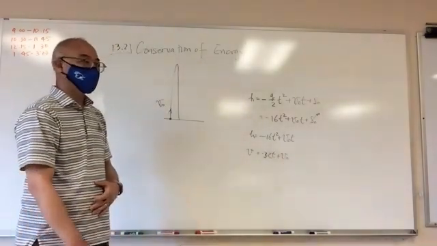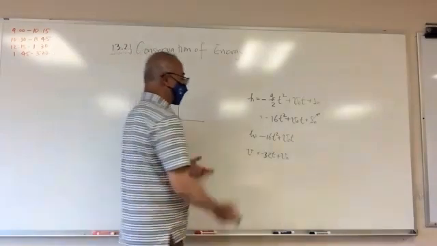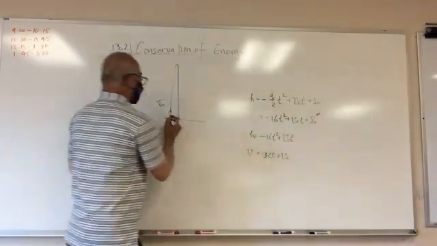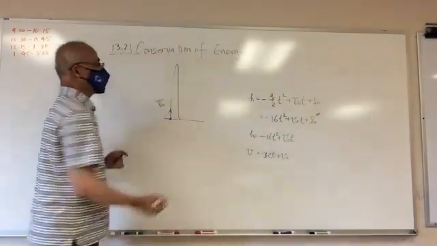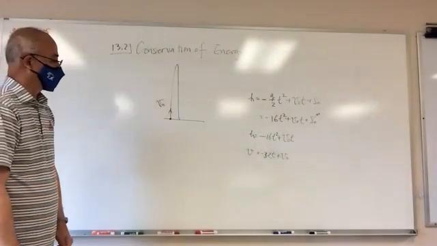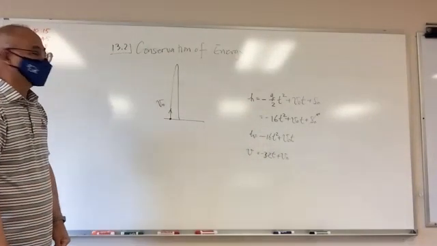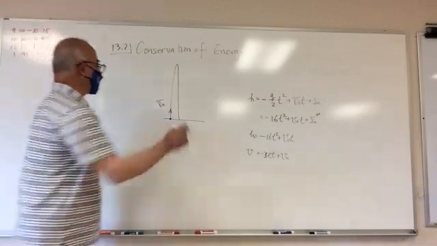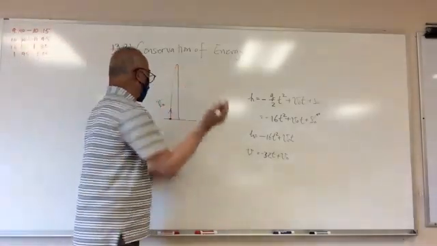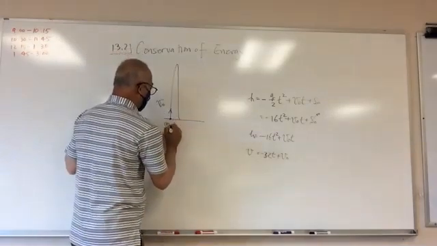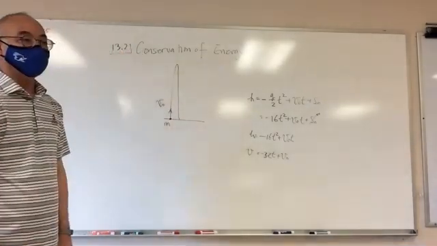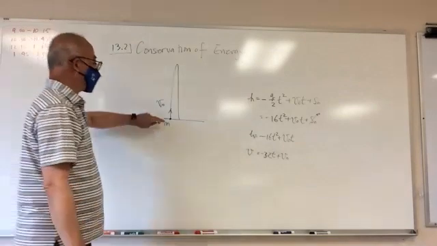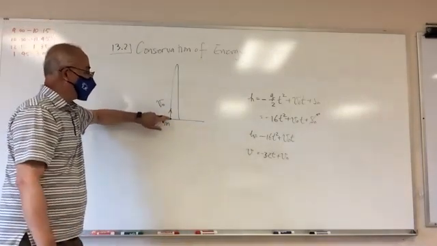What's interesting here is that there's no mention of mass. Let's say that the object that we threw up had a mass of m. What is my kinetic energy at this point?